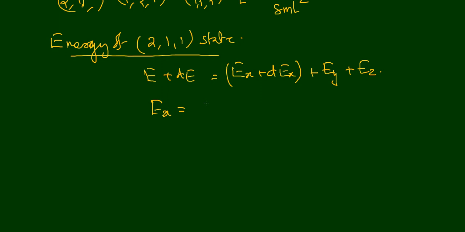So we can just substitute nx² is equal to 2², because we are considering the state 2 1 1. So Ex is equal to 4h² divided by 8ml². Okay, that is the energy corresponding to x.